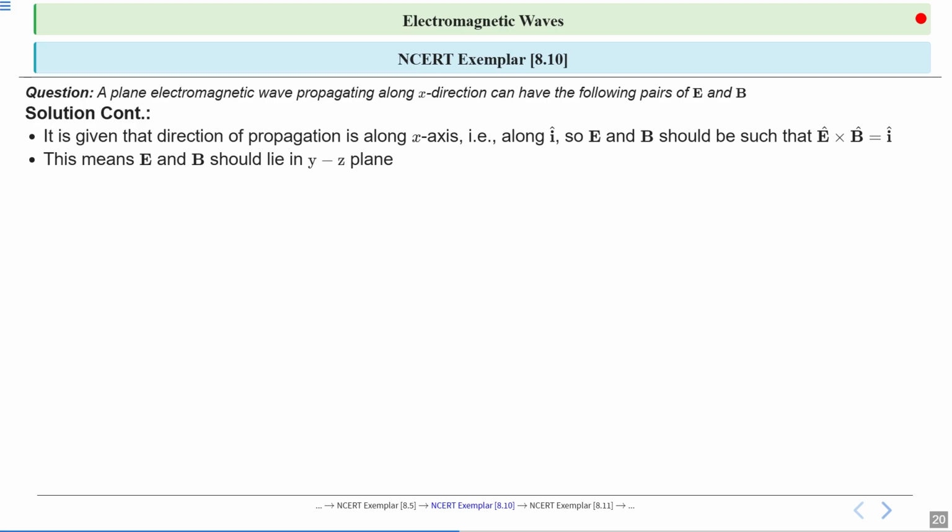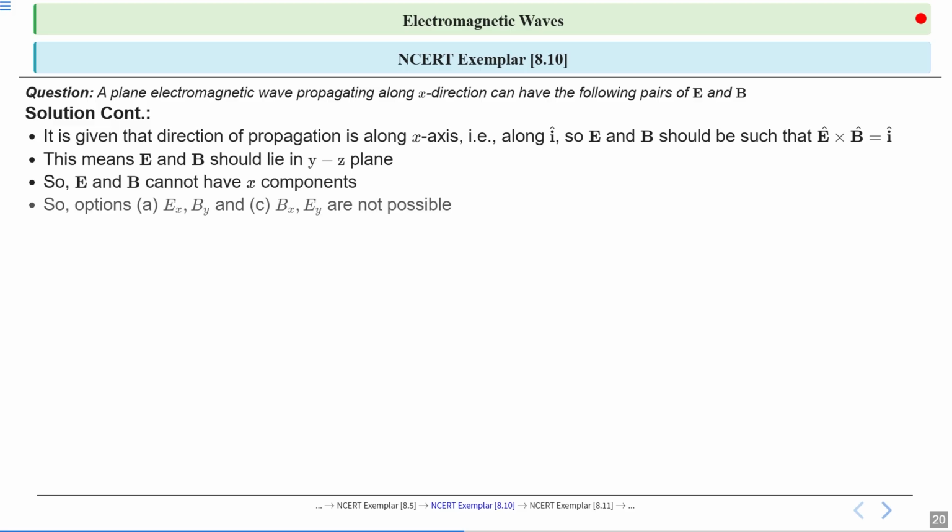J cap is for the Y axis and K cap is for the Z axis. That means electric field and magnetic field should lie in the YZ plane. So there should not be any component of electric field or magnetic field along the x axis. So E and B cannot have x components.